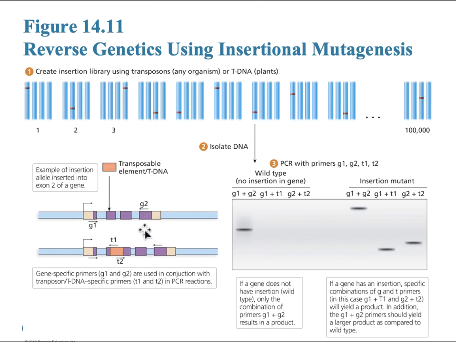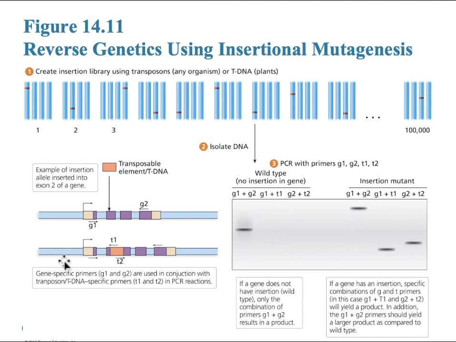And for your target gene, you'll only have this configuration. So when this is subject to PCR, you get a fragment corresponding to the distance between G1 and G2, and that's indicated right here. So for the vast majority of your tests, you would expect to see this result. There will be nothing produced from the other combination of primers.